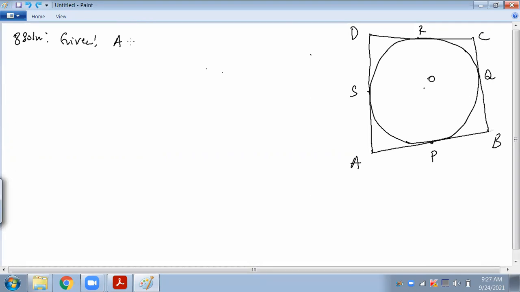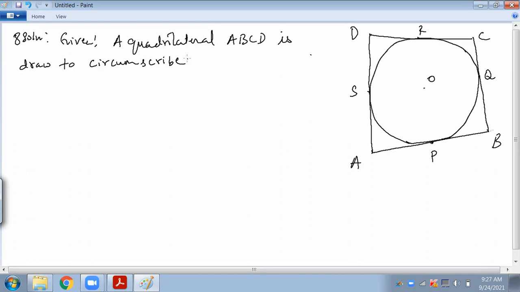We can write: a quadrilateral ABCD is drawn to circumscribe a circle with center O.